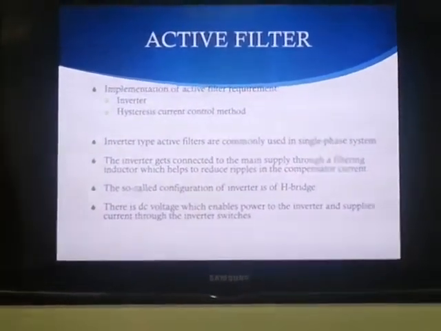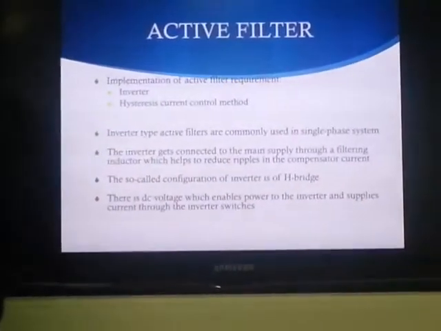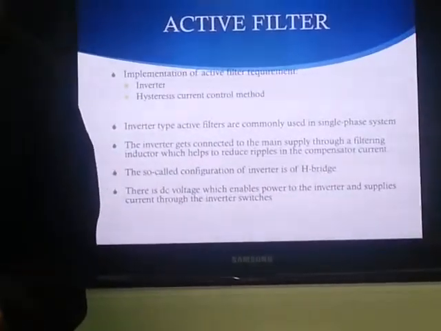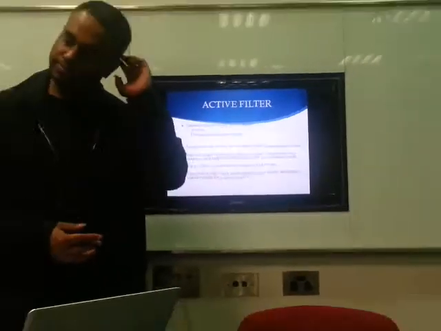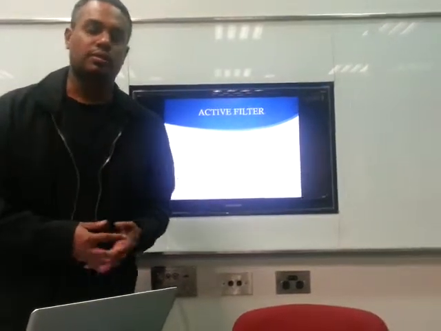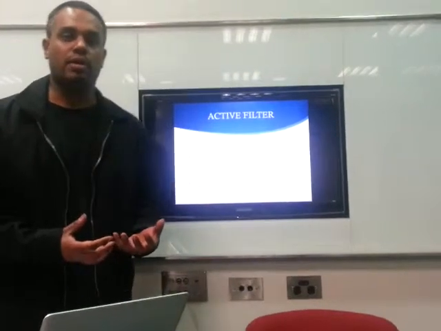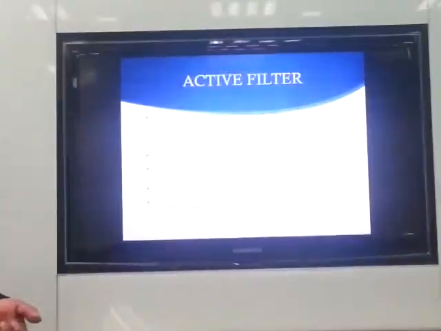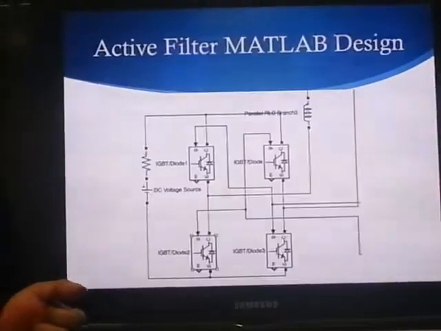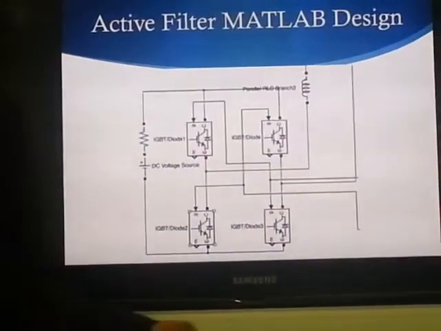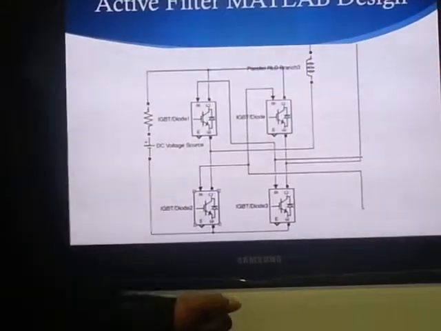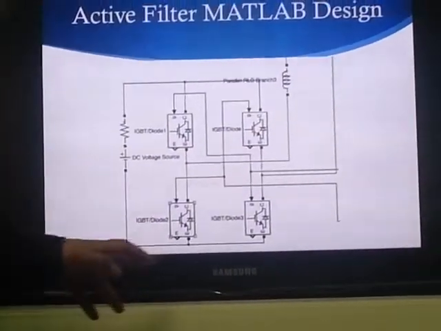The inverter is made up of four switching devices configured in an H-bridge design, and it gets its power from a DC battery. This is the diagram I implemented in MATLAB, of an inverter.